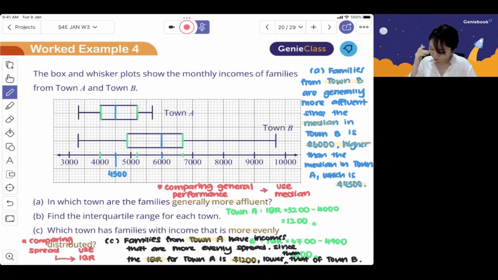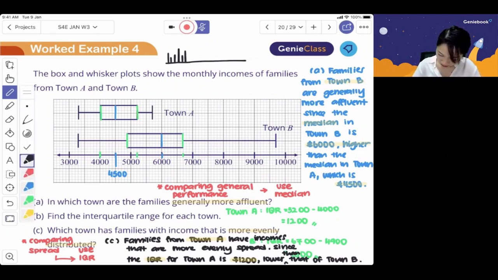So why is it town A? I see some of you are confused. Imagine I have two groups of plants. One group is all around the same height, compared to another group. So I have 6 plants, and then another 6 plants, one like that, and like that.